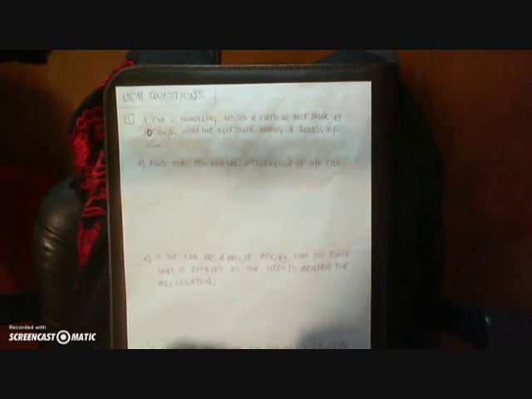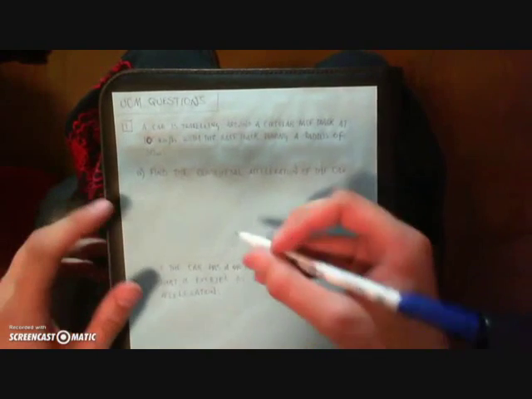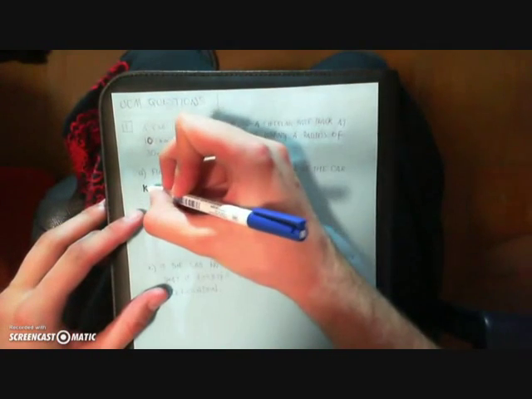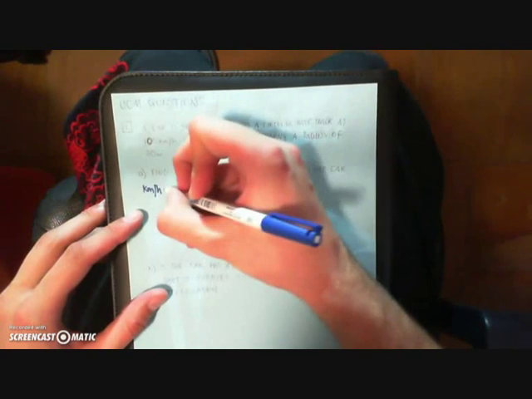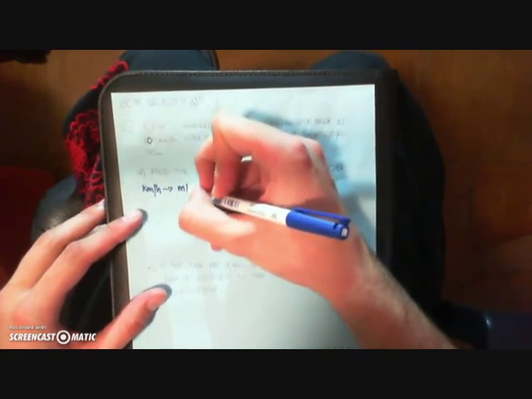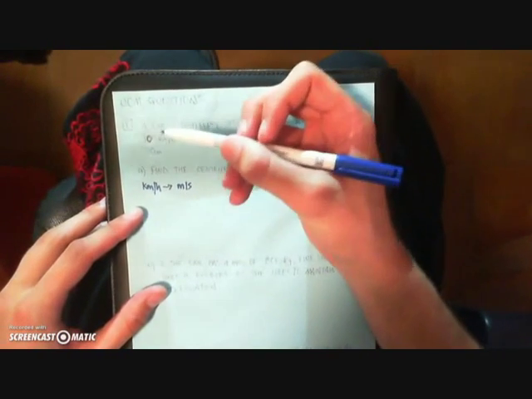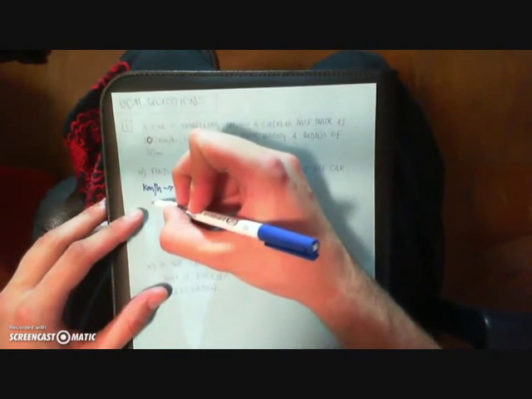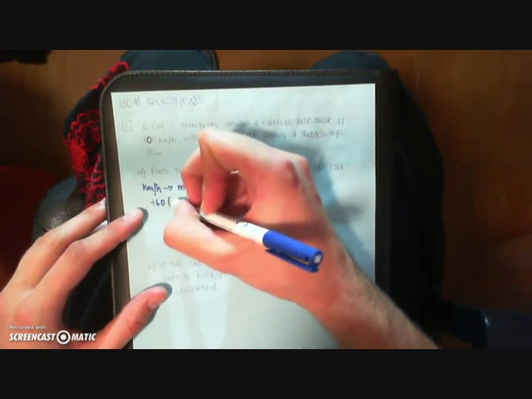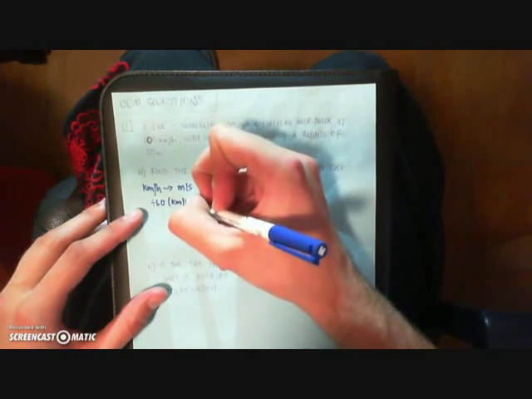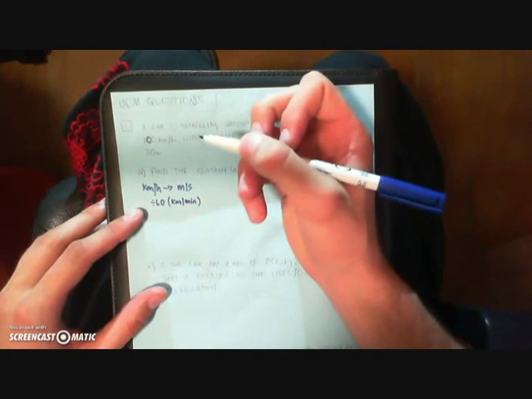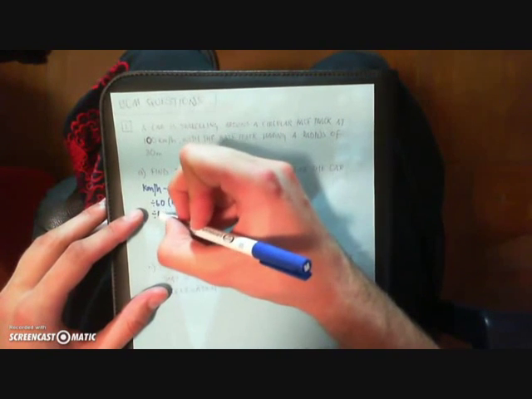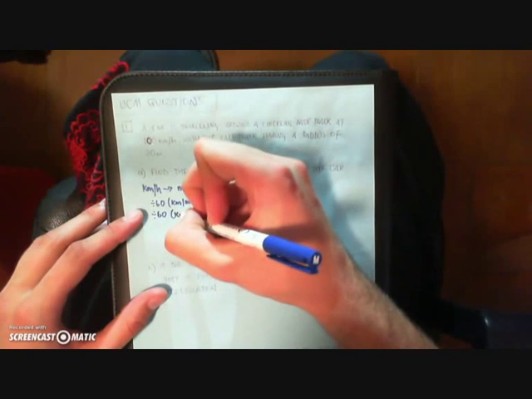So our first step in this example is to convert 100 kilometers an hour into the standard units, which is meters per second. So we can write kilometers per hour to meters per second. To get kilometers per hour to kilometers per minute, we divide by 60. That gives us kilometers per minute. Then to get kilometers per second, we divide by 60 again.